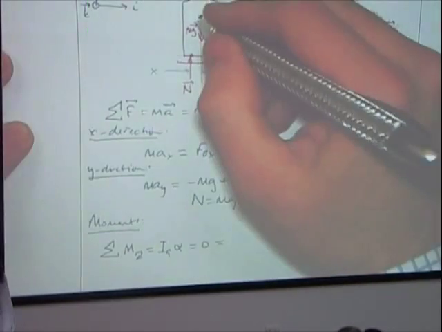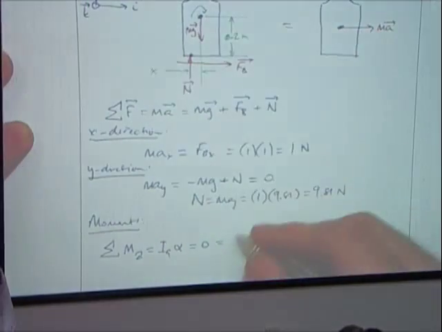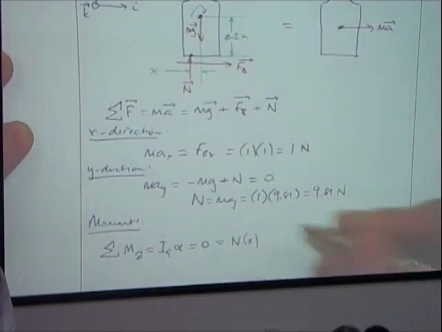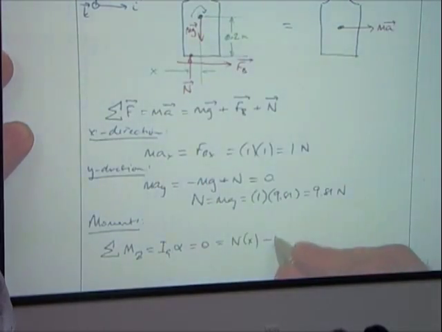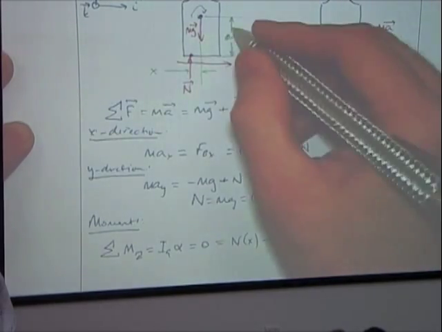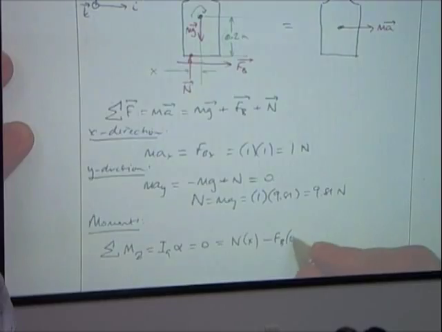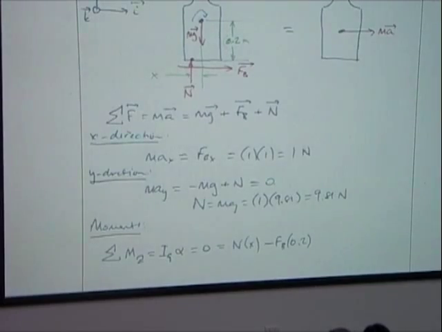But we've got a force in the clockwise direction from N, so that's going to be N times x. And then we've got a force in the negative direction, which is our force of the belt, minus Fb times the height, which is 0.2. There, that's a G, capital G.